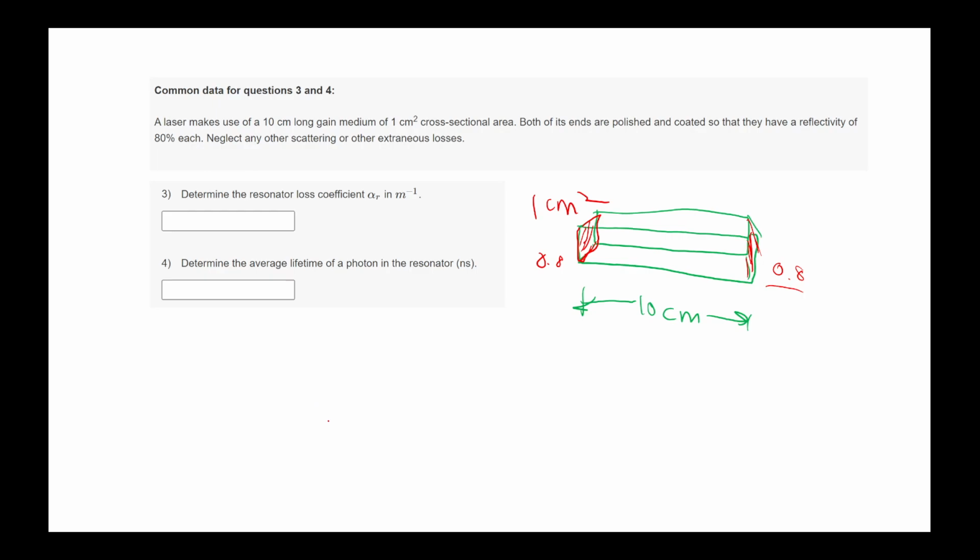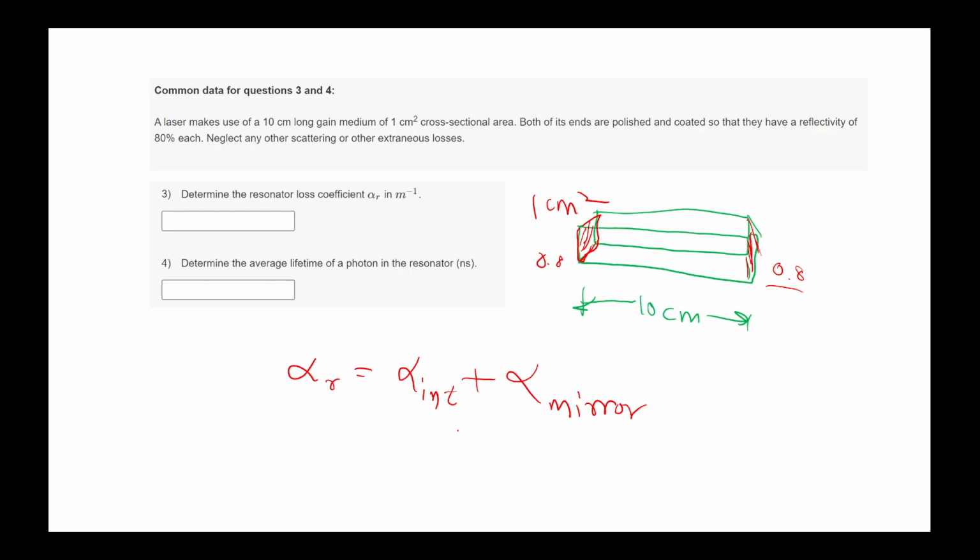You know, guys, alpha r is equal to alpha internal, whatever the internal loss is, and alpha mirror.